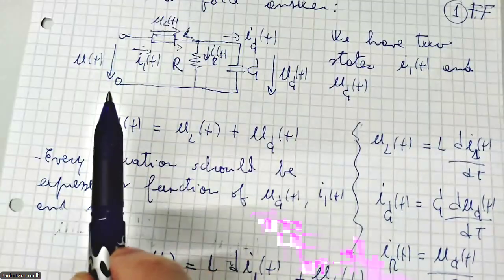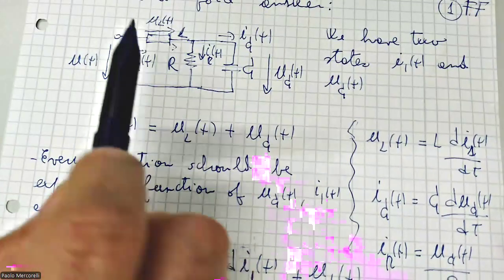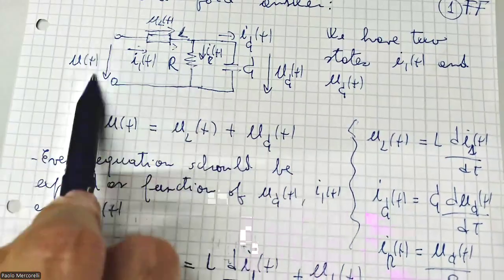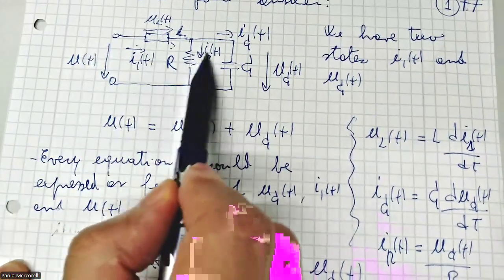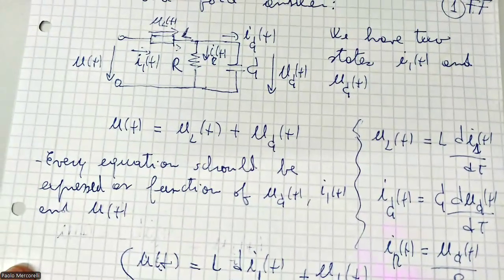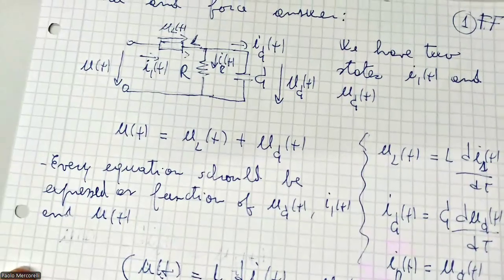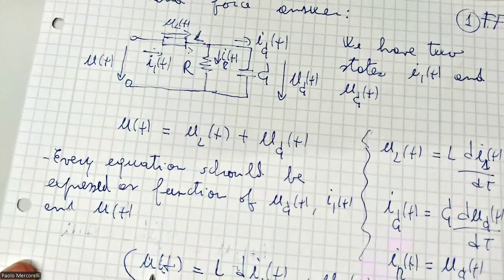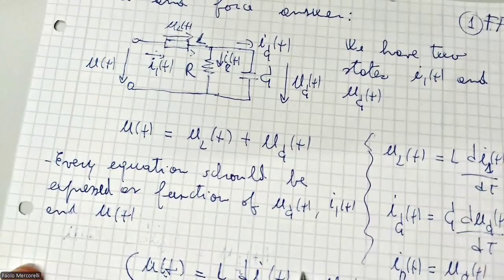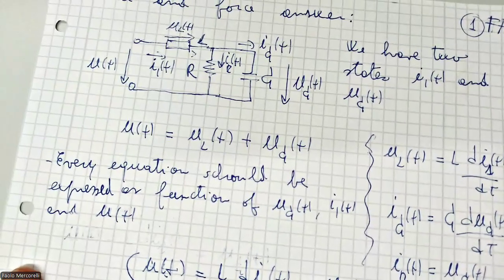Just considering the energy in the inductor, the energy in the capacitor, and the energy in input, because this energy here, which is going out, is a function of the three kinds of energy. Look at this. U of t remains. UL, we can consider this one. UC is exactly UC because it's itself the state.